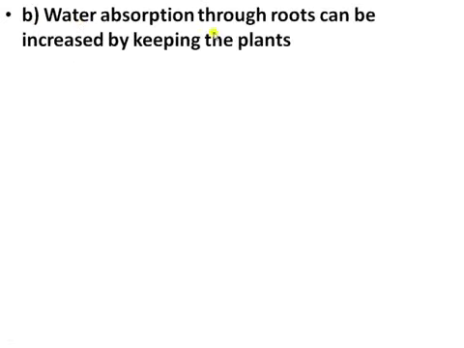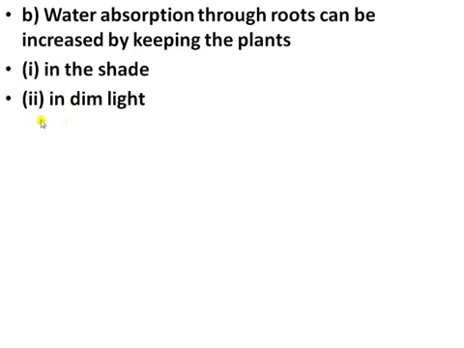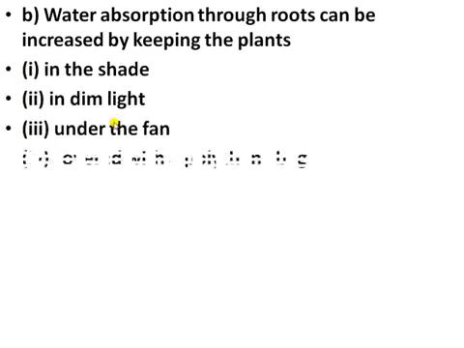Part B of this question is: water absorption through roots can be increased by keeping the plants, option A, in the shade, option second, in dim light, option third, under the fan, option fourth, covered with a polythene bag.